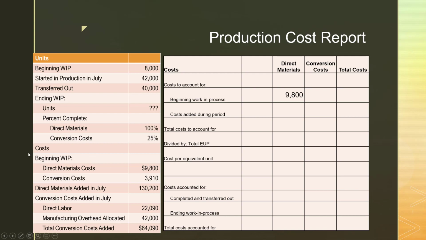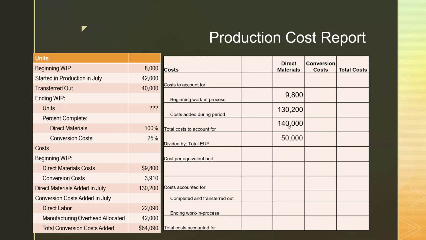And then, during the period, our purchase orders tell us that we spent an additional $130,200 on material costs to acquire peanuts, salt, oils maybe, that we're going to need to properly prepare these peanuts, which means of all of the peanuts that came through our department during the period, there's $140,000 worth of material costs, the sum of these two numbers above, that we have to account for.